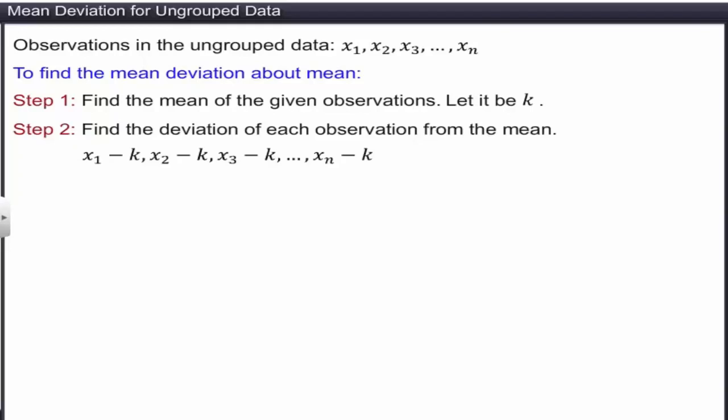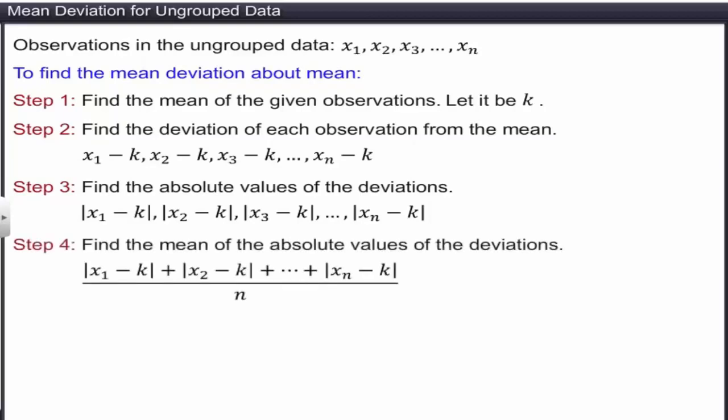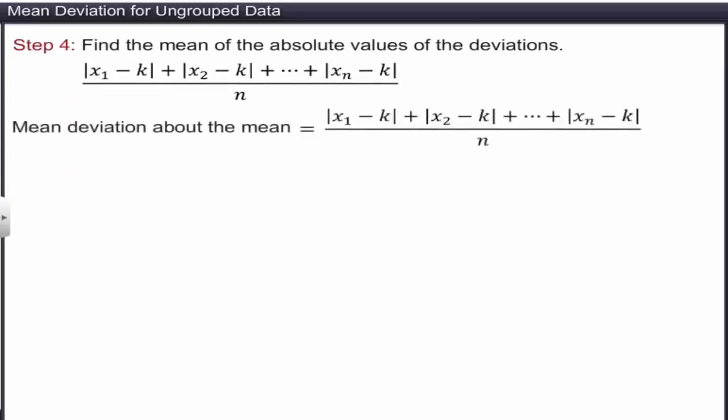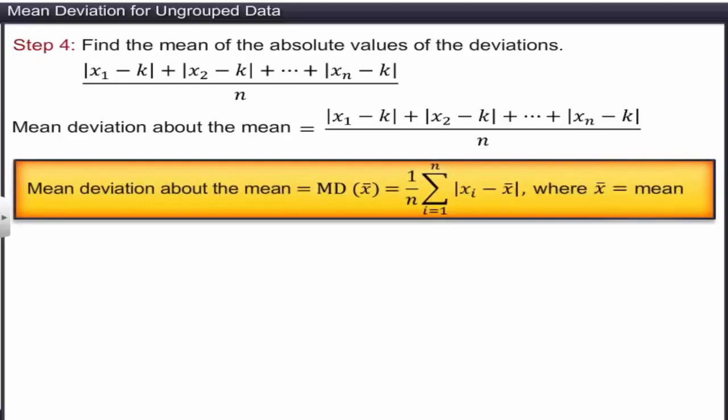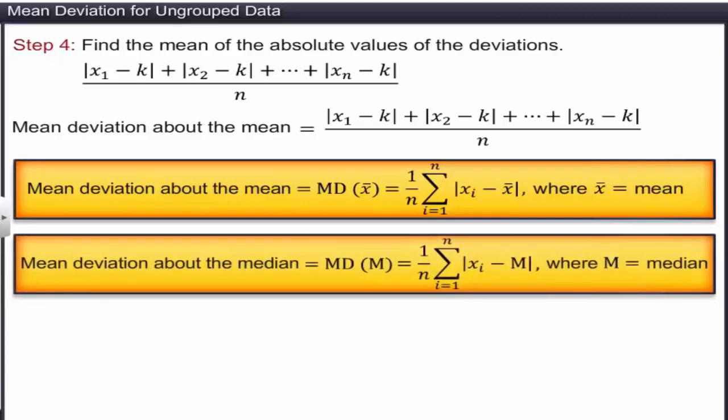This can be obtained by subtracting the mean from the observation. Now, find the absolute values of deviations obtained in the previous step. Find the mean of the obtained absolute values of deviations. This mean is the mean deviation of the observations about the mean k. This can also be written in the summation form as shown. Similarly, the mean deviation about the median is shown.